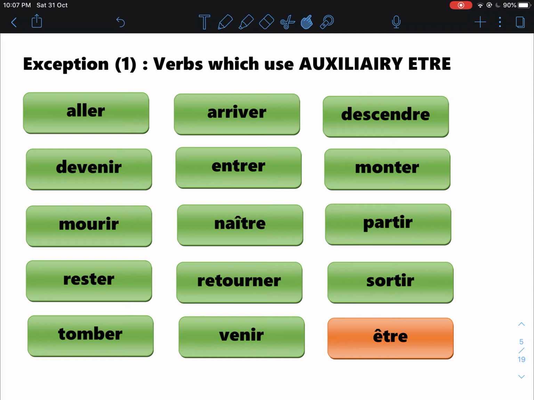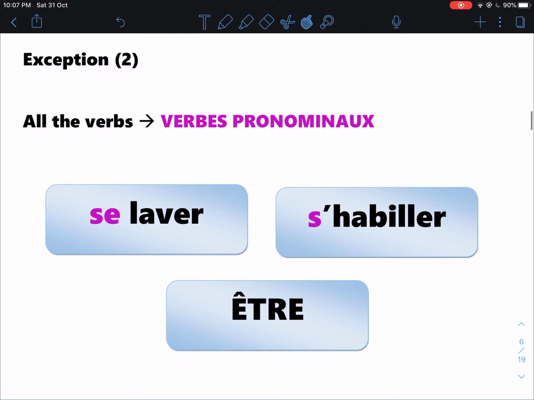So now let's move to the second exception, which will be using auxiliary être as well. So the second one is this verb. This is not foreign to you. You have seen this in chapter 3. It is called pronominal. Alright? So all the pronominal verbs, either reflexive or reciprocal verbs, which we have just learned in chapter 3, use auxiliary être.